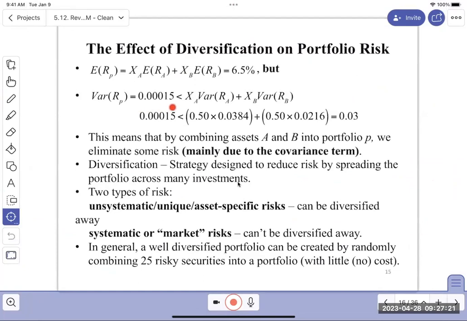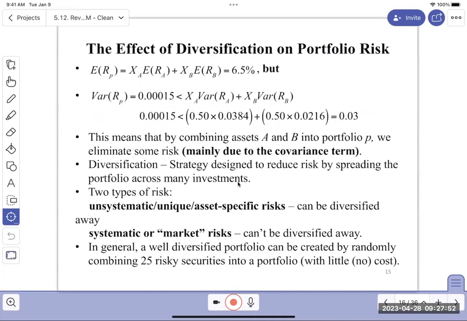This figure is smaller, just as the variance is much smaller than if I was to just think about the average of the variances of the two. Okay, so if I just average the variance of the two of them, I would have gotten 0.03. Putting them together in a portfolio to realize their returns is much more stable in returns, right?